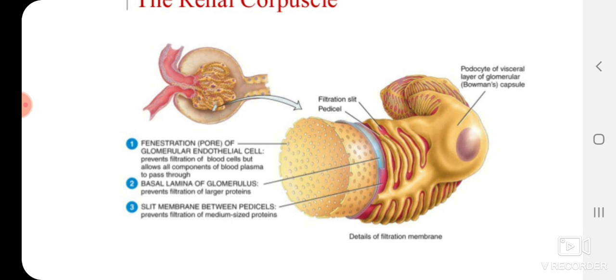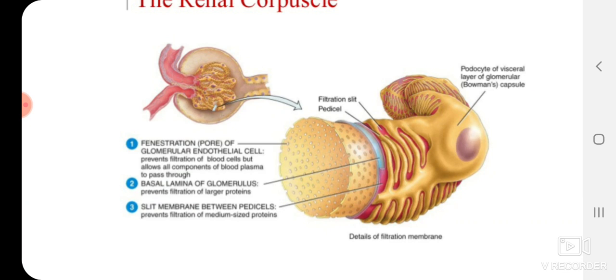We also discussed that the slit membrane is between the space of the pedicels. So here in the third point, slit membrane between the pedicels. The red one is the slit membrane, and the basal lamina of the glomerulus is the blue, which prevents the filtration of large proteins.